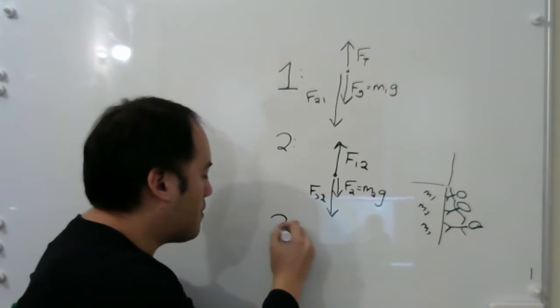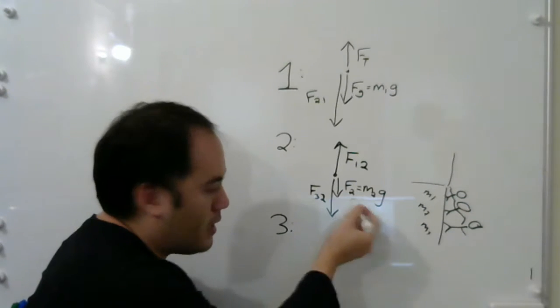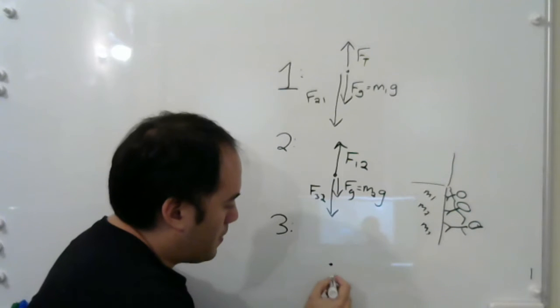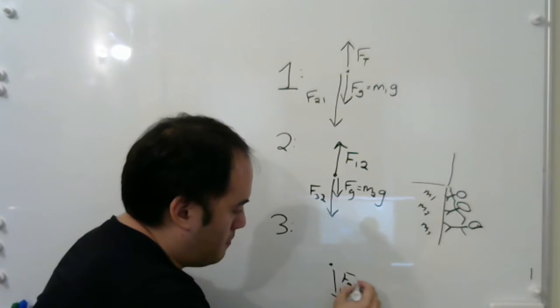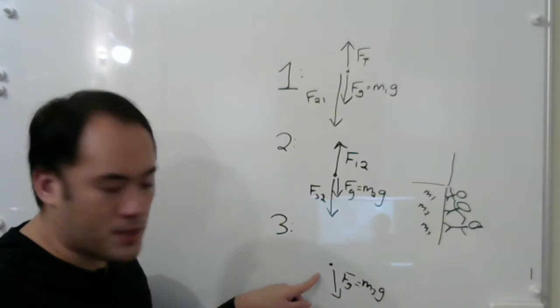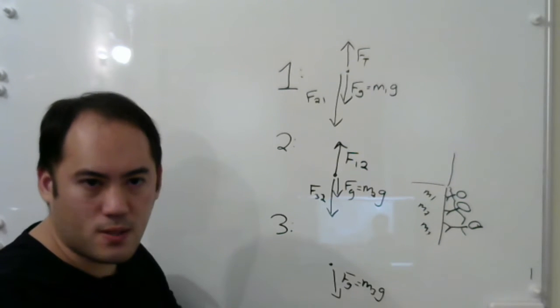Now let's draw the third free body diagram. Again, this is FG. Person 3 also has an FG, M3G. Does person 3 have a tension downward? No, no one's below person 3, pulling them down, so no issues there.